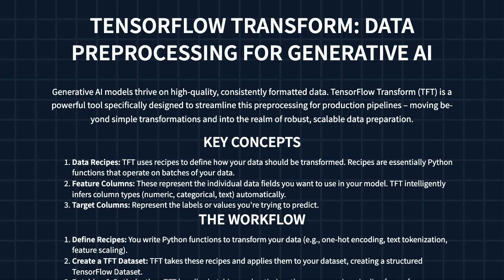It's not just about simple changes, it's about creating a consistent and structured dataset that each of those models can understand. We define what we want to do using recipes, which are essentially Python functions. Then TFT takes these recipes and applies them automatically to your data, creating a TensorFlow dataset that is optimized for speed and efficiency.